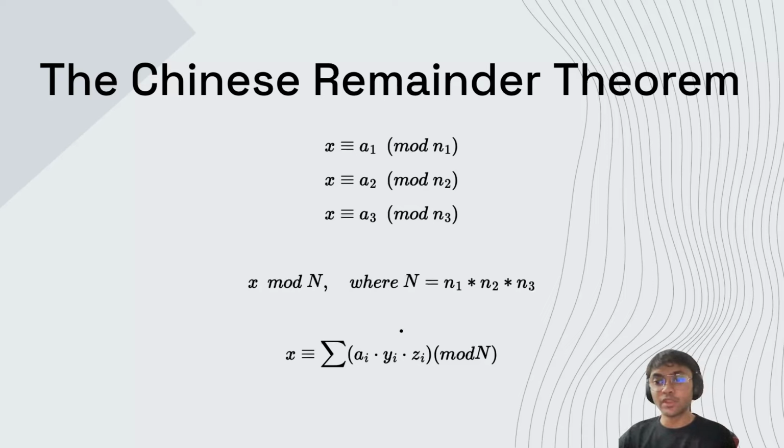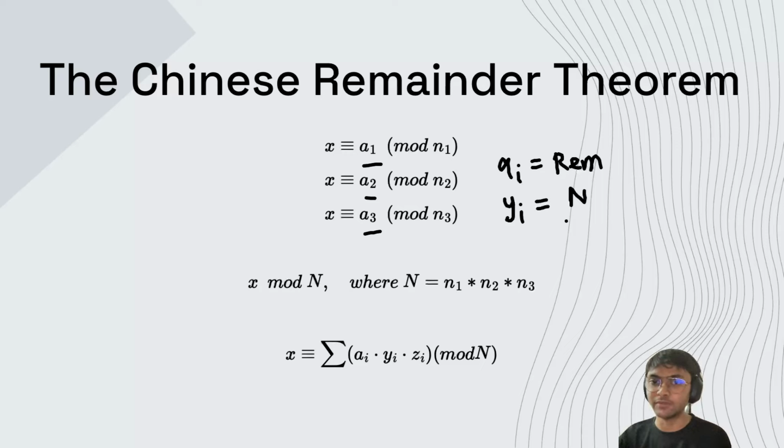In this formula, the a_i's are the remainders from each congruence, which is a1, a2, and a3 that you see here. The y_i's are N, which was the product of all moduli, over n_i for each expression.